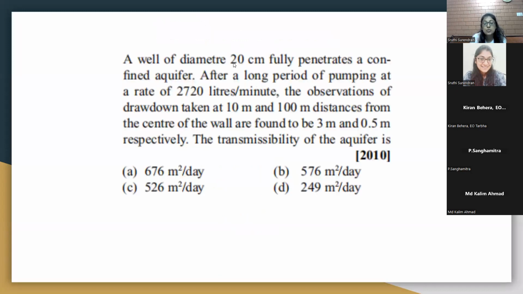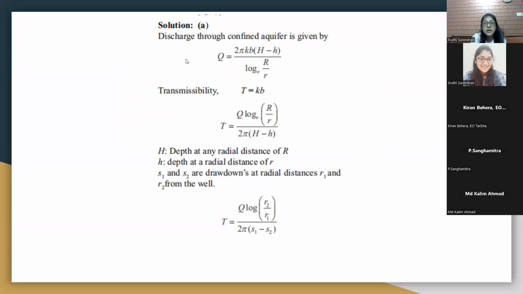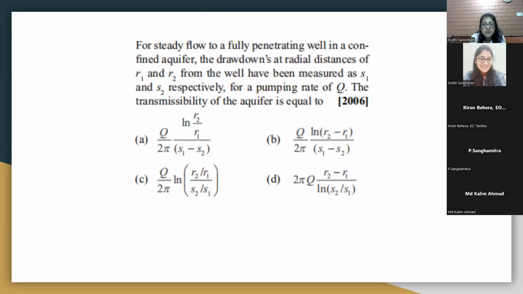It will be Q into log of r2 by r1 divided by 2 pi (h2 minus h1). When you write it in terms of drawdown, it will become the other way around, s1 minus s2. So the answer will be option A.